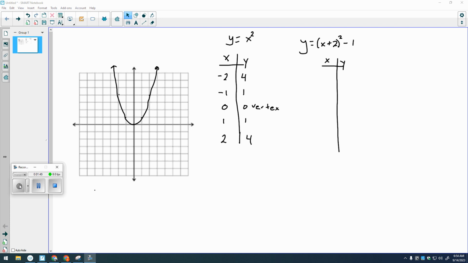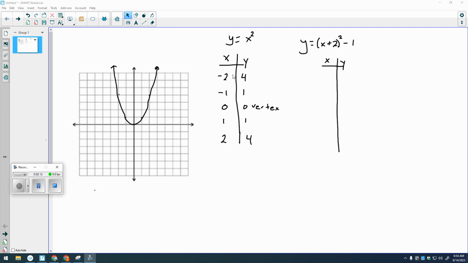Okay, so hopefully you've hit pause and you're coming back. So here's one way of doing things, okay? This point right here is my vertex. That is the bottom or top, if it's upside down, of my graph. So the question then is, where is the vertex for this graph?